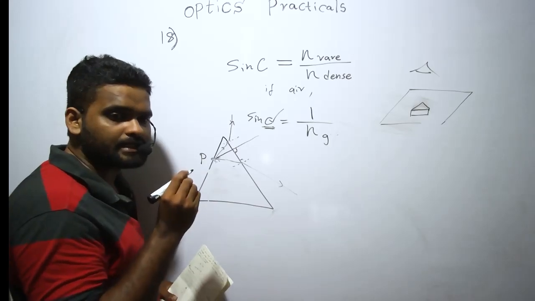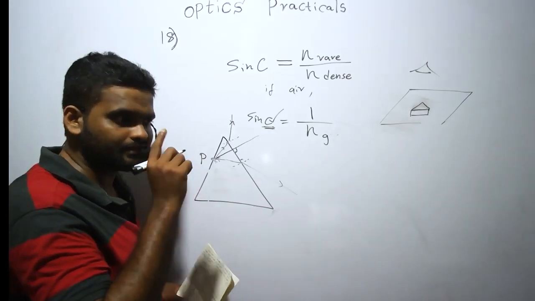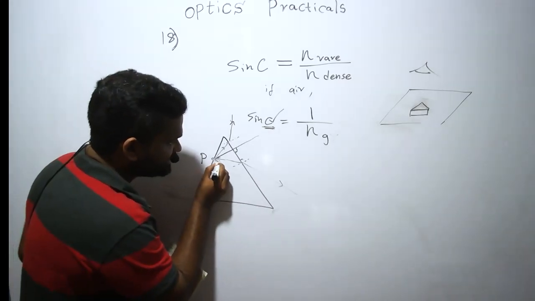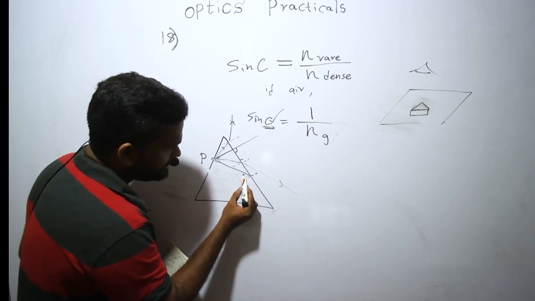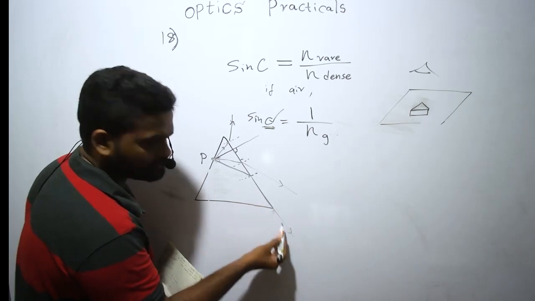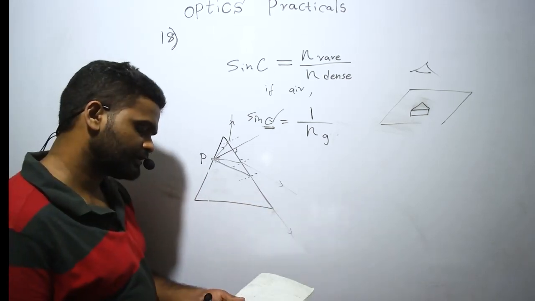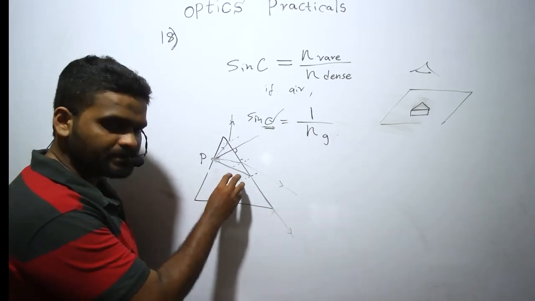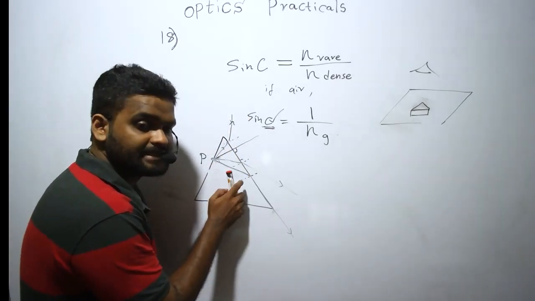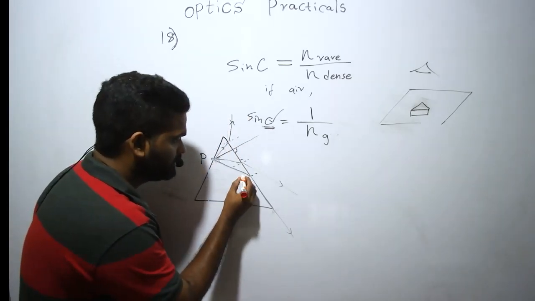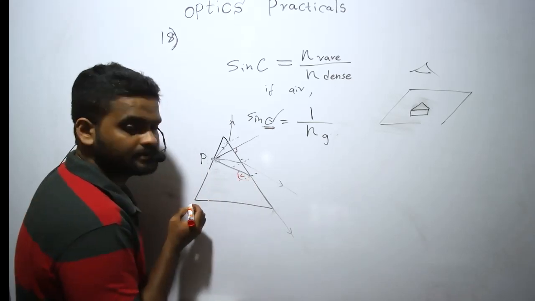There's a particular ray, when it hits here, then the ray goes along the surface. So when this happens, we call this incident angle the critical angle. So this is the critical angle, right?